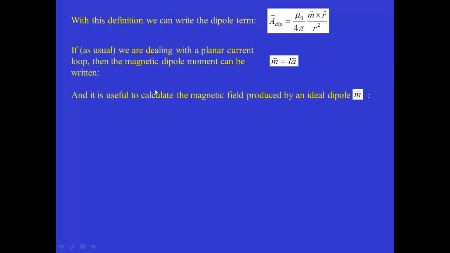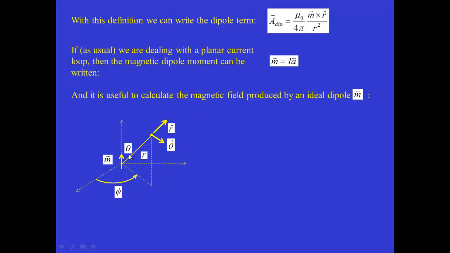Now, it's also useful, and we'll just end our discussion today talking about this, to calculate the magnetic field produced by an ideal dipole m. All right, so here we have the vector potential, and all we really need to do is take the curl of that, and we'll get the magnetic field due to a dipole. And we assume now we have an ideal dipole, so that if it's a current loop that defines the dipole, it's a very small current loop, so that the size is essentially negligible.